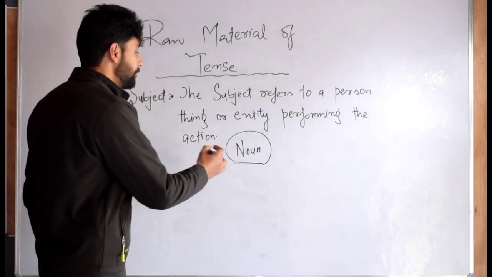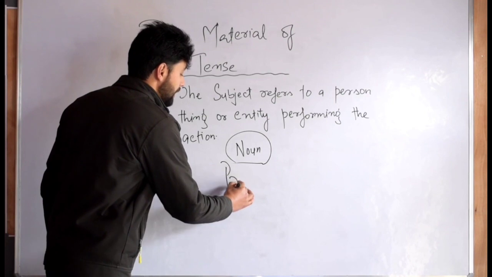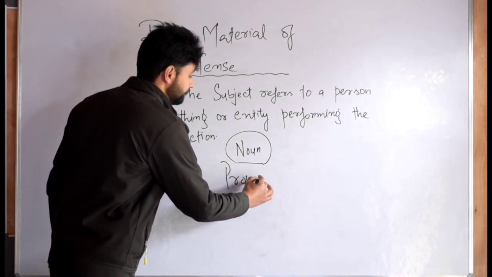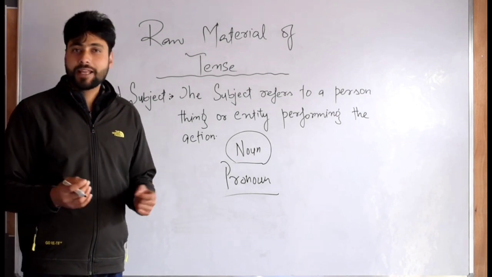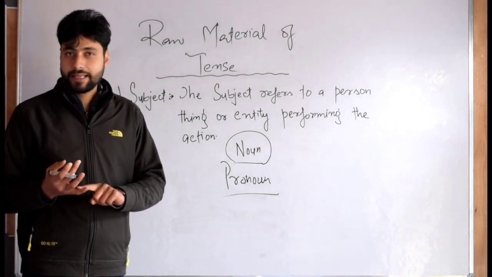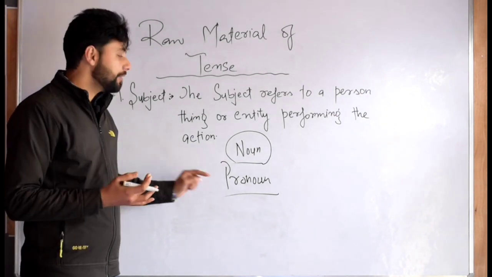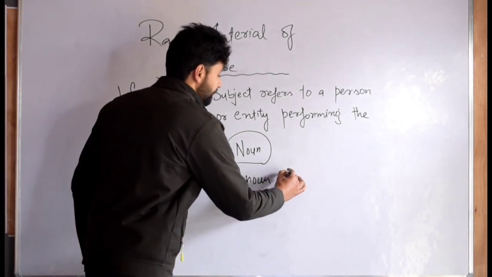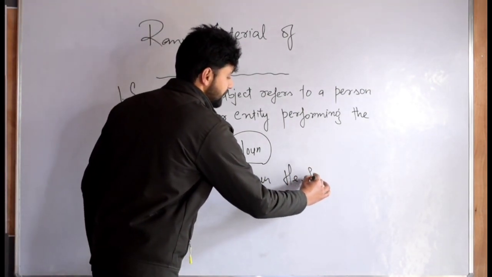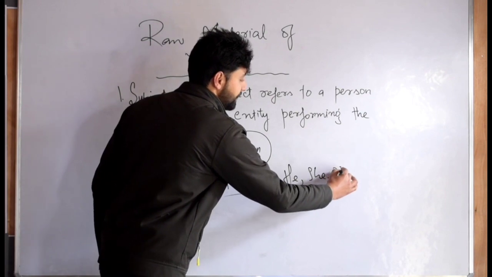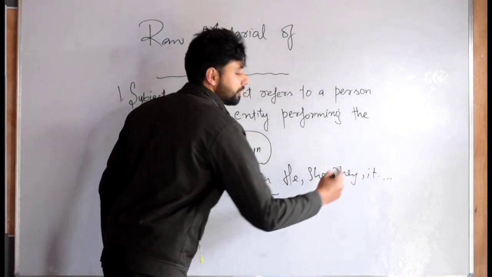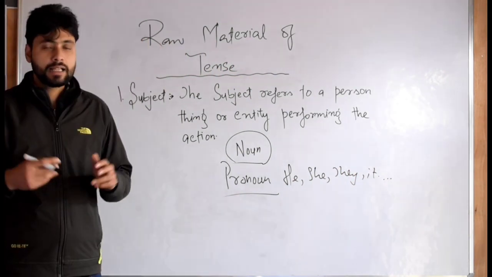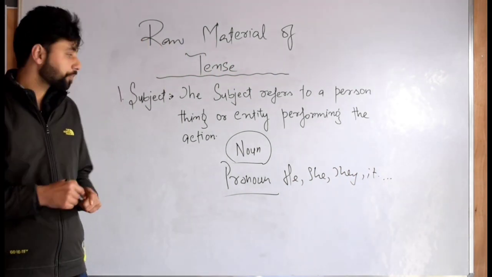You can also use pronoun instead of noun. Noun can be a person, a place, or a thing, and pronouns can be he, she, they, it, and so on and so forth. Let me provide you an example.